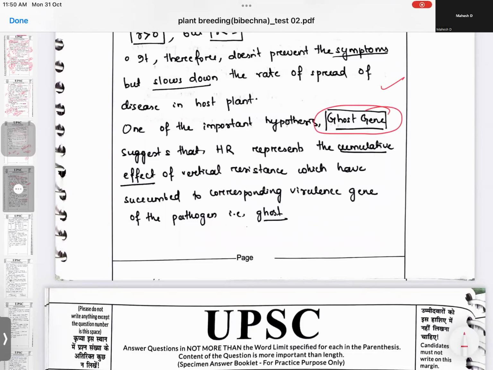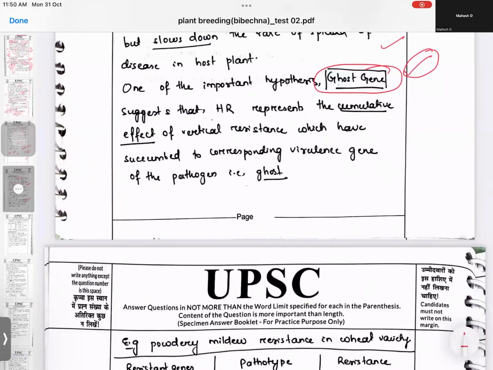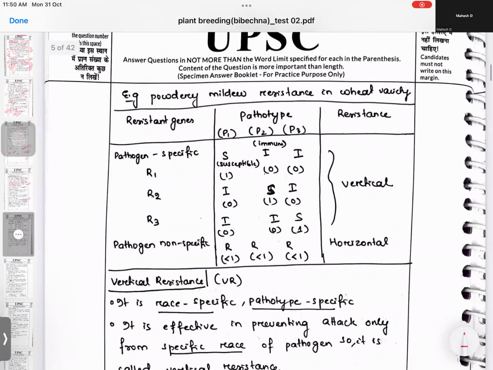Sir, in books, and even IARI has released pamphlets on different subjects, and they have maintained this question there. Okay, the ghost gene hypothesis. That is related to that. Based on the cumulative effect of vertical resistance genes, which are corresponding.